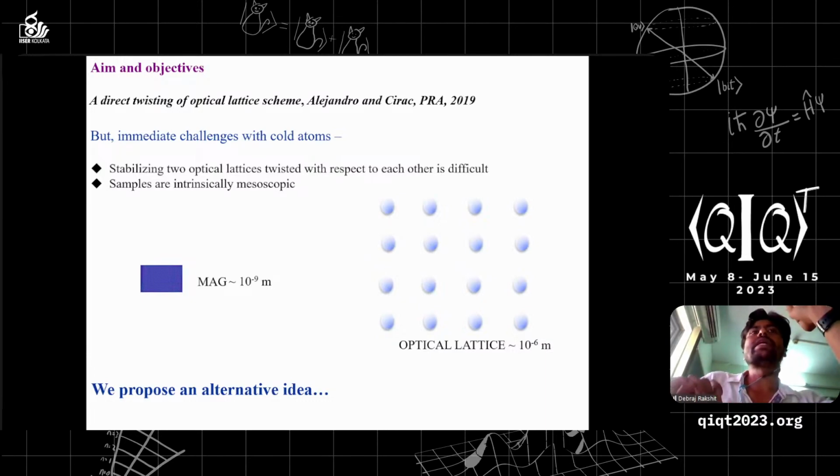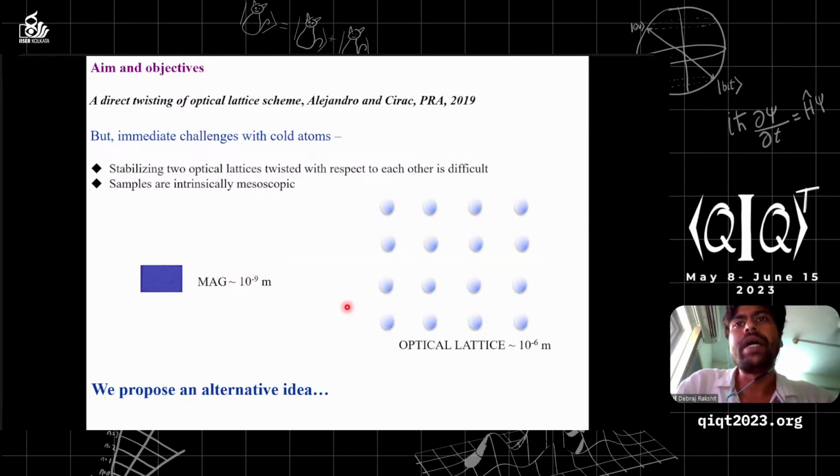Secondly, samples are intrinsically mesoscopic. You have to understand this part. This is like a solid. From one lattice site to another, the distance you can think of is of the order of 10 to the minus 9.